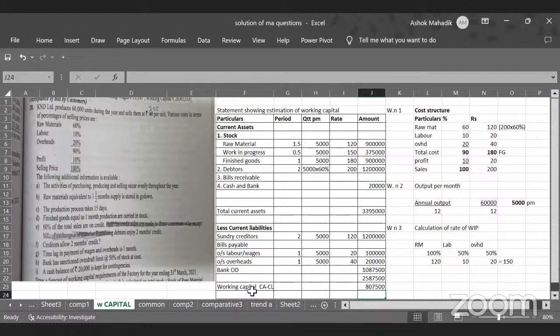Now we'll go to the other sum. That day we did capital budgeting sums. You can refer to those, or if you want, I'll take it at the end. I'll take it at the end.